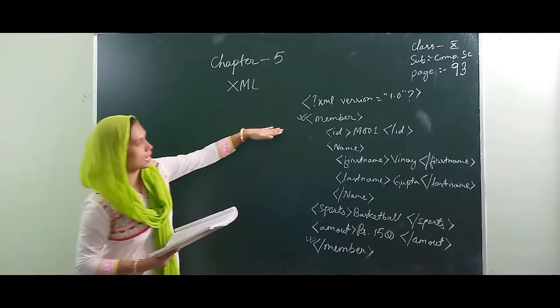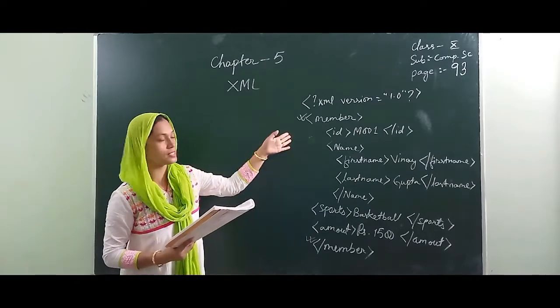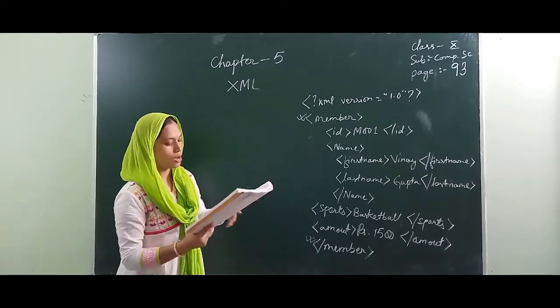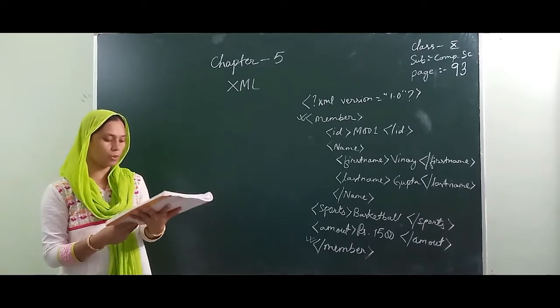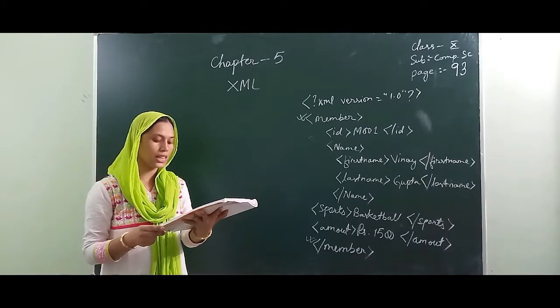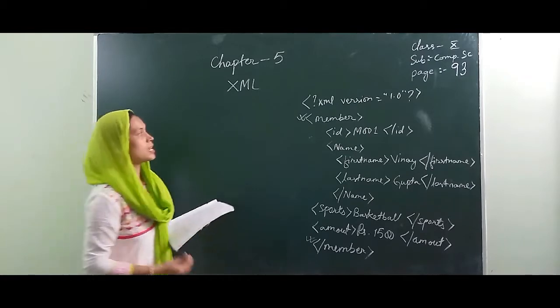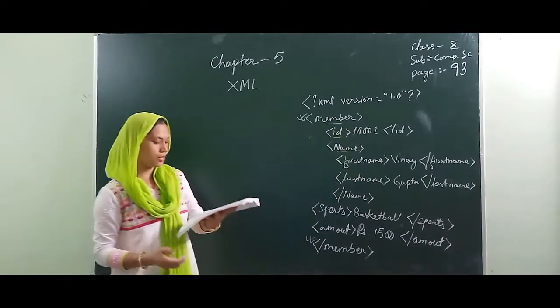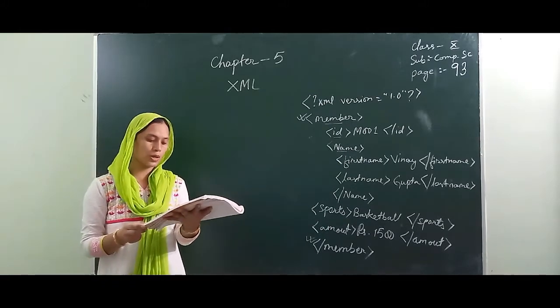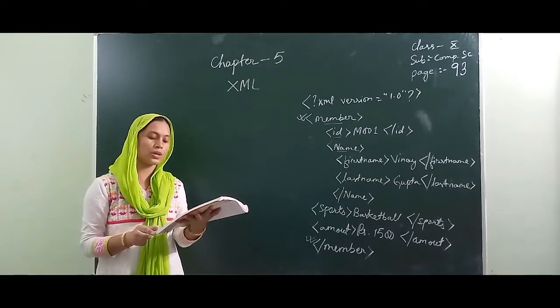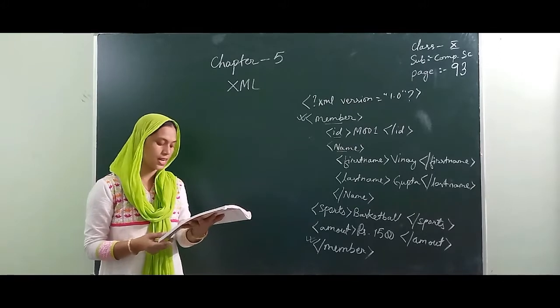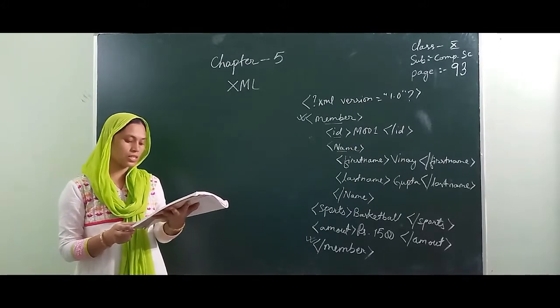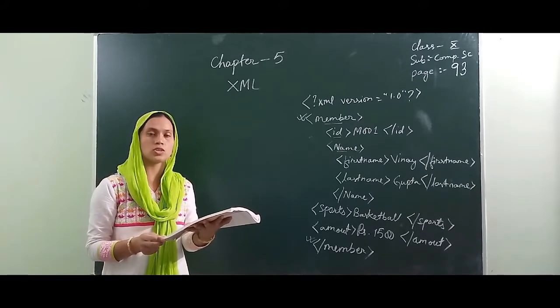While writing this XML element, or you can say the XML tag, we have to keep in mind some points. First, a name can contain letters, numbers and other characters. Here in member, ID, name, you can use a letter, you can also use a number, and you can also use other characters. Second point, a name cannot start with a number or punctuation character.